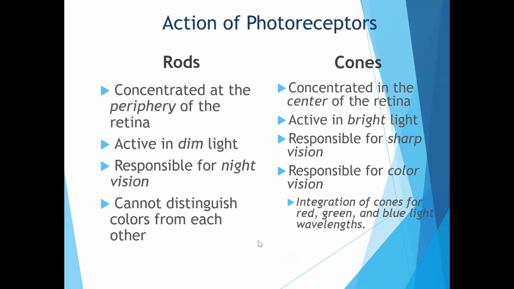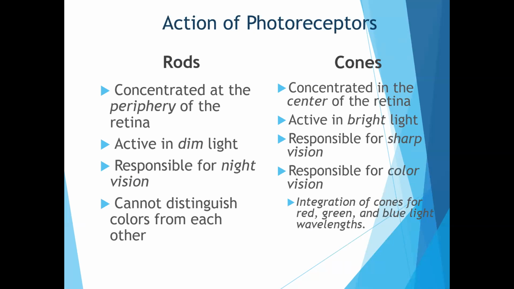Okay, so just to dive into rods and cones just a little bit more, I know we kind of talked about this back when we were talking about the retina and fovea centralis. So rods kind of sit at the periphery of the retina. They are dim light receptors. Night vision relies on rods. They're not good at distinguishing colors. Cones are going to be in the center of our retina. Bright light is the trigger for our cones to kick in.